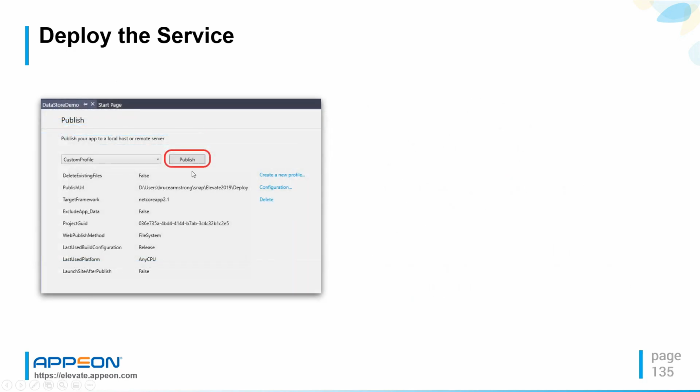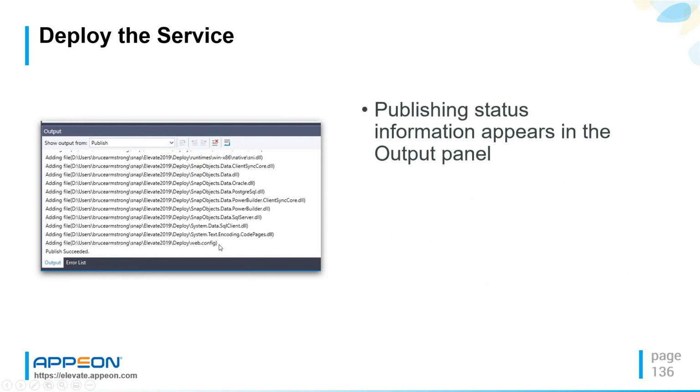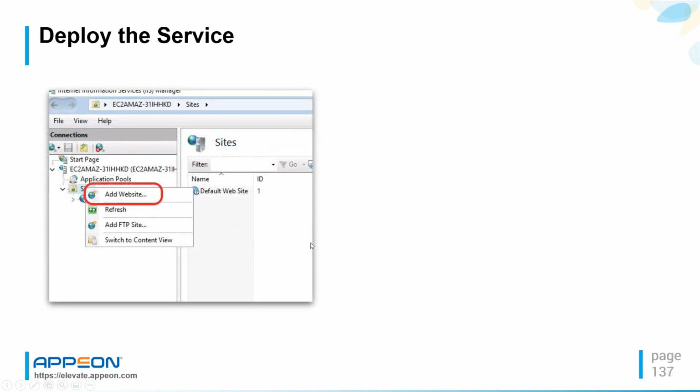So I indicate that I want to do the publish, hit publish, and you can see all the different files being copied down into the output folder. Then I zip that up and copy it up to the web server where I'm going to have this deployed. I unzip that into a folder. Now this is in the IIS manager.